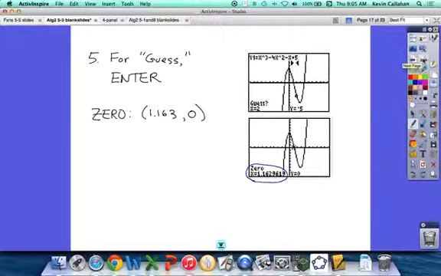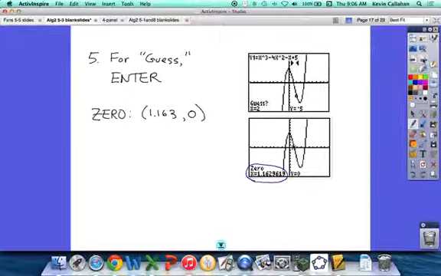Zoom 6. You could probably turn off the PowerPoints, but okay. Let's see your graph. Second, graph 1. Okay.